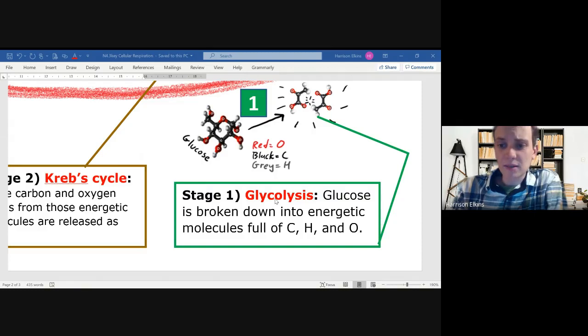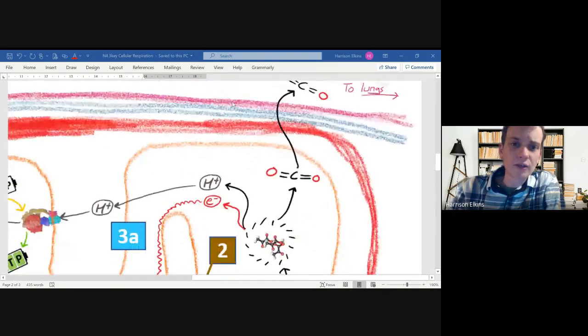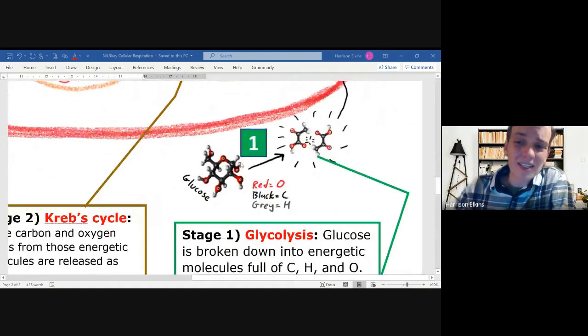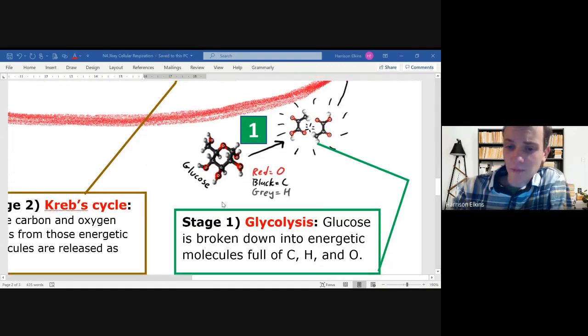My intestines take some sort of starch and break it down into glucose, and send it to the cells in my body through my bloodstream. So glucose could be entering from the blood. Remember, the protein insulin is going to tell my cells to let it enter. And then it's going to go to the mitochondria.